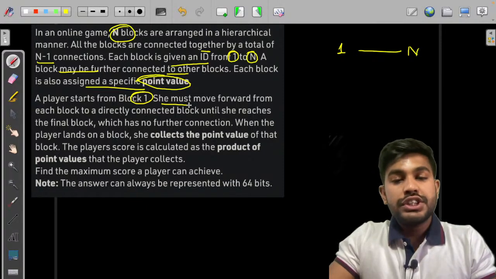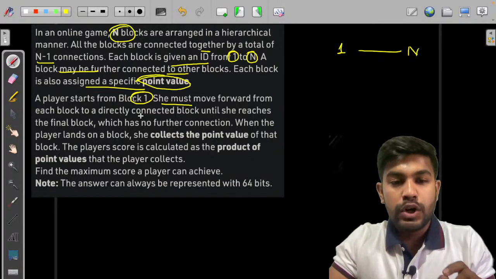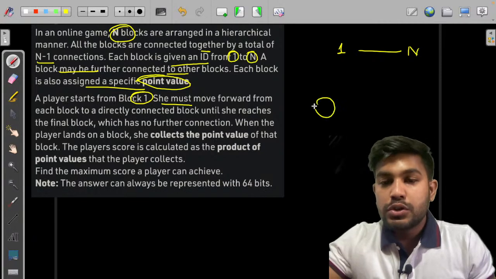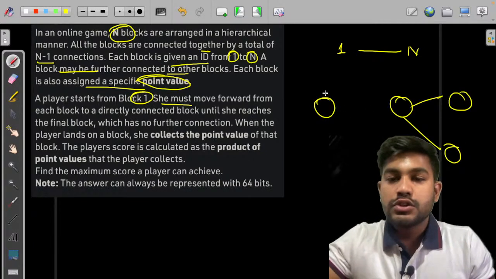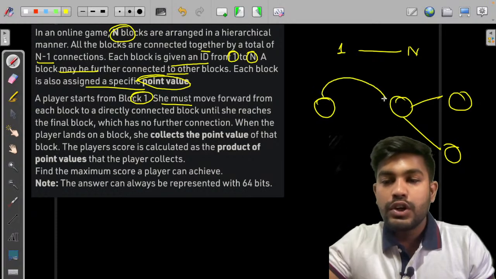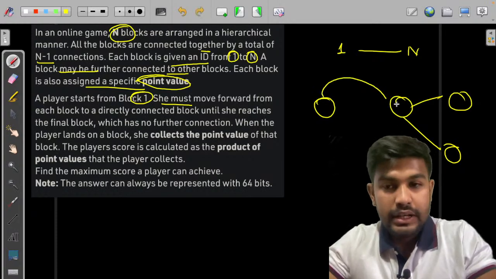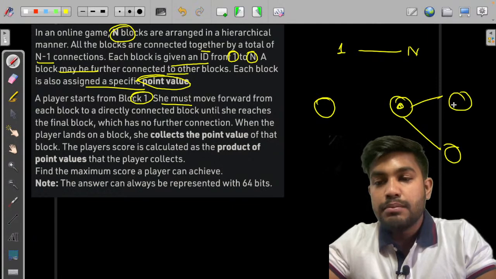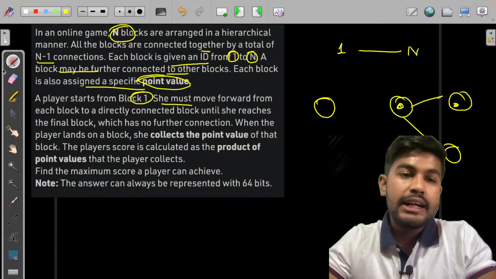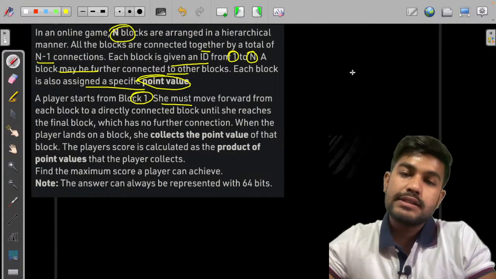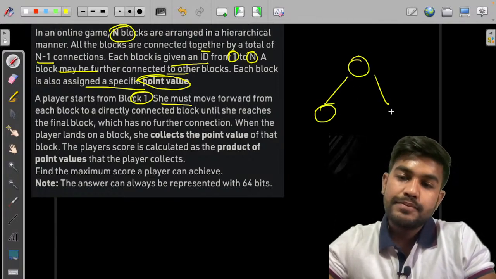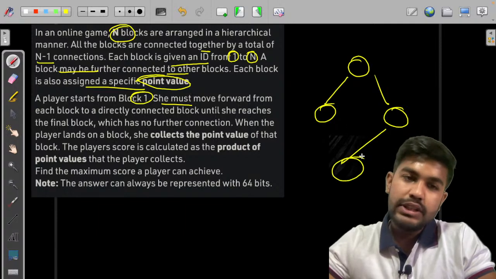The player must move forward from each block to a directly connected block. So suppose there is a connection like this. Okay, so this can only move to this. This is not possible, but this can move to this block. They are directly connected. Now there is one more thing. Suppose this can be the tree.